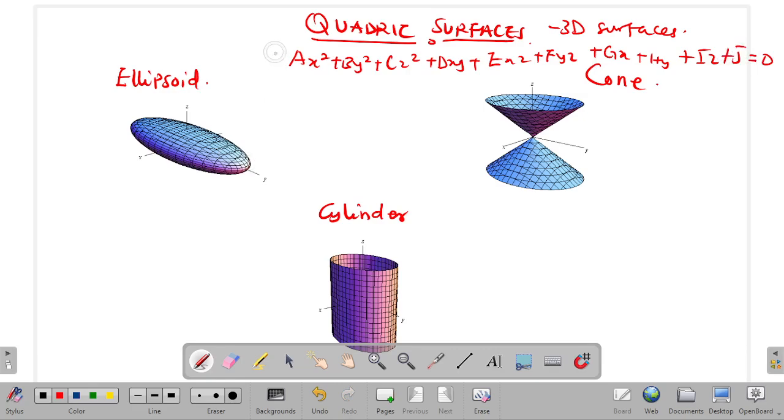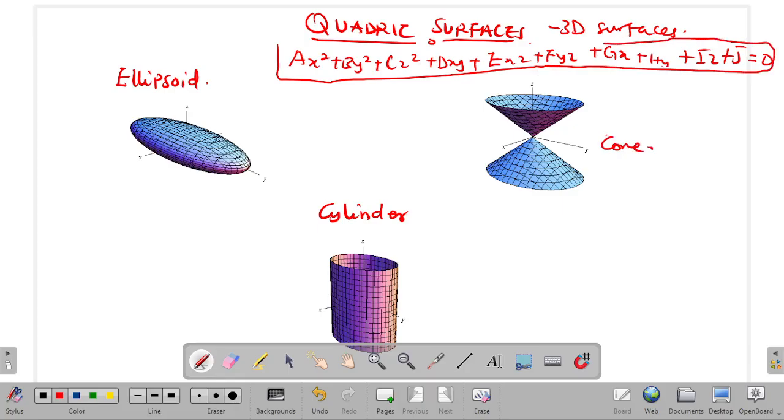So I have a to j as my constants. Let me clean the board here. This is the general formula for any quadric surface.